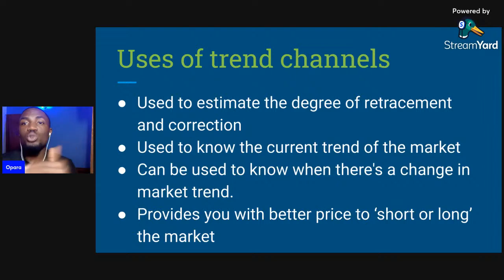Number two, it's used to know the current trend of the market. Of course, a trend channel almost serves the same purpose as the trend line. I'm just trying to teach you so that you shouldn't be confused. It also shows you the current trend of the market. Number three, it can be used to know when there's a change in trend. The moment you discover that price has left the trend channel, either to the upside or to the downside.